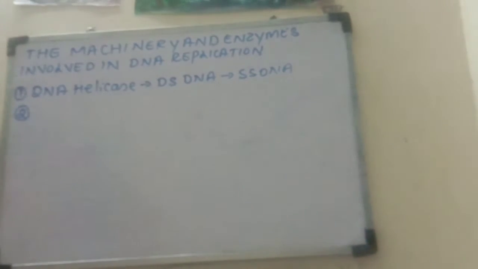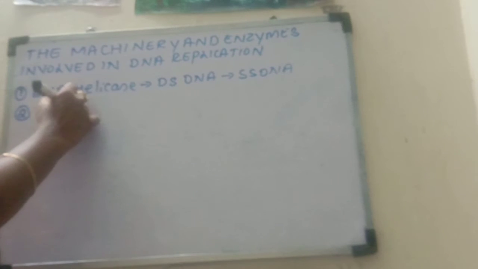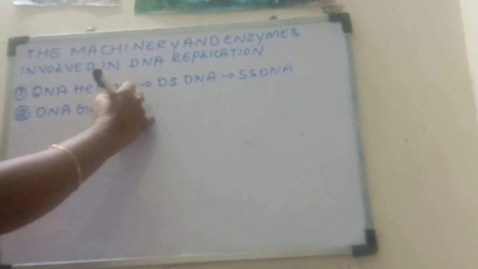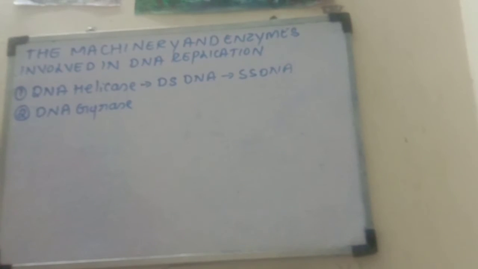Then the second enzyme is DNA gyrase. This DNA gyrase enzyme comes under the class of topoisomerase enzymes. For example, imagine a rope made up of many strings. If you suddenly pull the string, there is tension, so there is a chance of coiling.